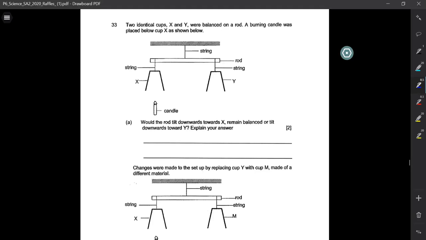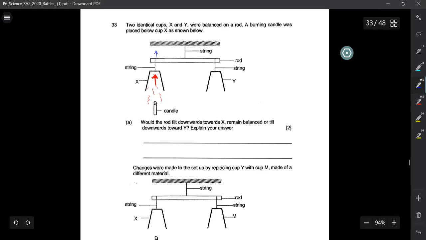So, looking at it, what actually happened would be, I'm just going to use red, is that the air around would heat up, right? So it'll go upwards. And it'll push this cup up. And so this will go up, right?